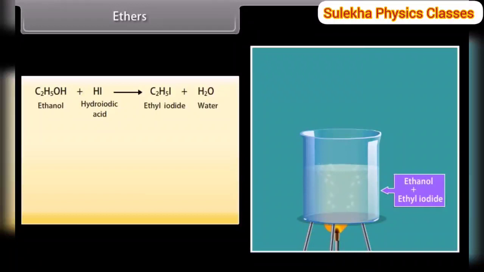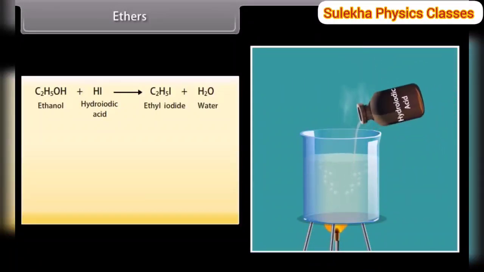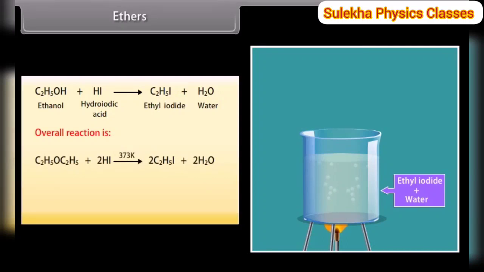With excess of hydroiodic acid, the alcohol formed further reacts to form ethyl iodide. Overall reaction: hydroiodic acid reacts with diethyl ether at 373 Kelvin and forms ethyl iodide and water.